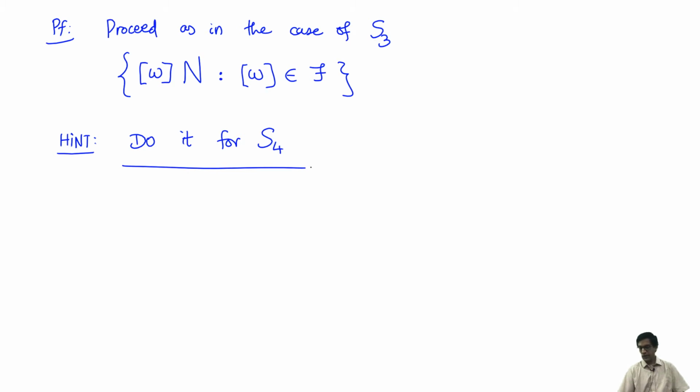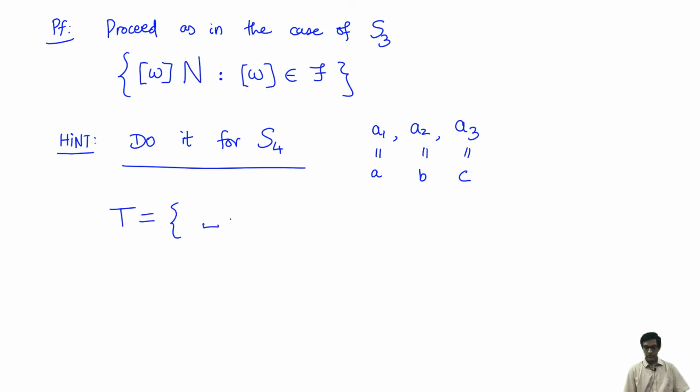And for S4, let me just tell you what it is that you have to prove. So here I have 3 generators in the case of S4. Recall I had A1, A2, A3, these are the 3 generators. Maybe it's easier to just rename them as A, B and C in the case of S4. So what we had in the case of S3 was the following. We said look at the following 6 cosets.